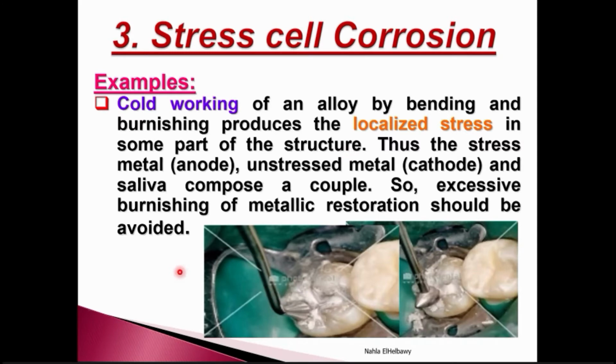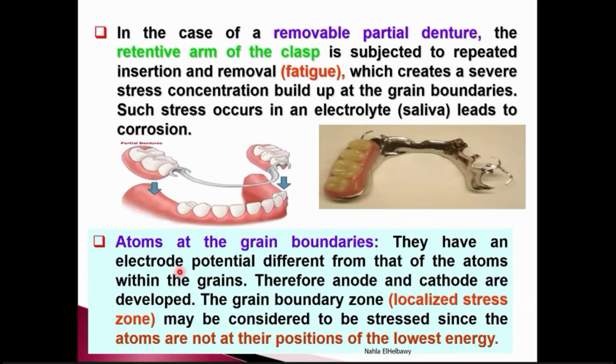I can give you examples in the clinical scenario. If you see these denture clasps, due to cyclic loading and unloading, we get stress concentration in these areas because they are bent, they get deflected, and they are exposed to fatigue while we remove and insert it.